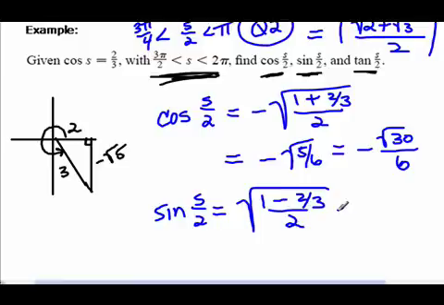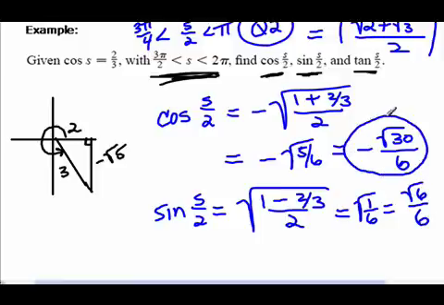And that ends up being the square root of 1/3 over 2, which is 1/6. Square root of 1/6. That's the square root of 1 over the square root of 6. That's 1 over root 6, which would be root 6 over 6. So here we have cosine. Here we have sine.